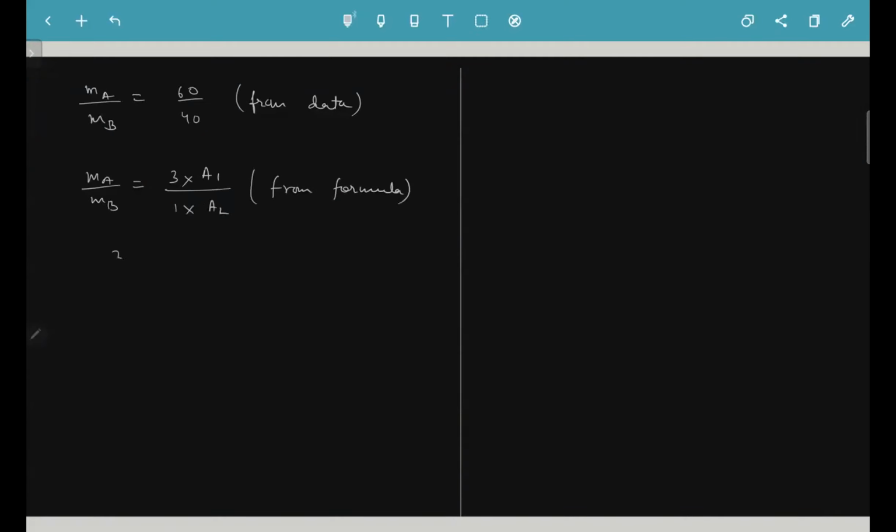This should be equal to 3A1 upon A2 is equal to 60 by 40 is equal to 3 by 2. A1 by A2 is equal to 1:2. Is this clear?